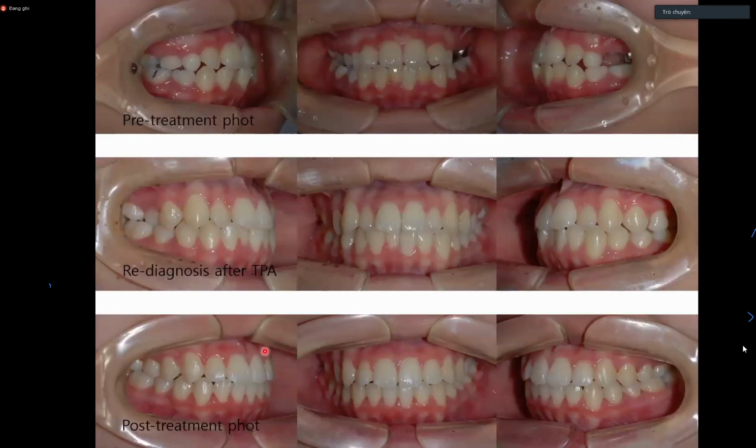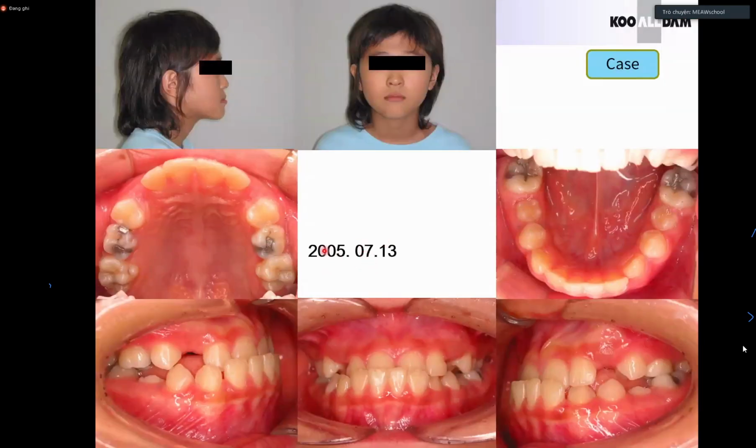Okay, like this. Look at this patient. We can see the anterior crossbite with deep bite. How about in the lower arch? There is no crowding. And in the upper arch, we can see slight crowding in the upper canine area.